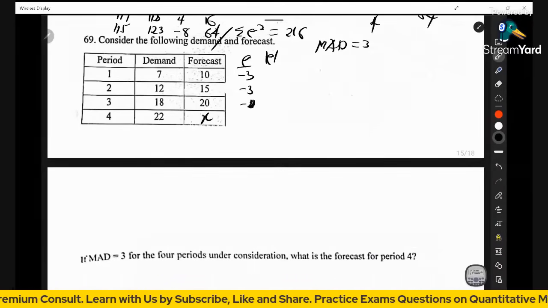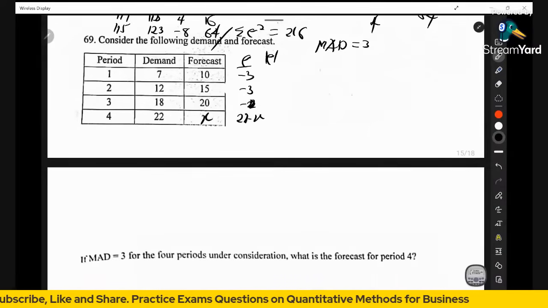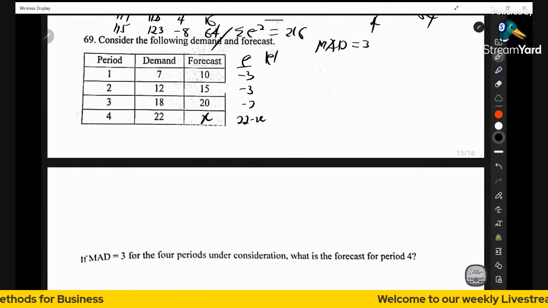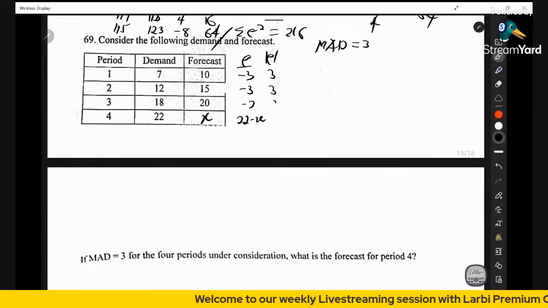Okay, so we want to find it. So this should be x. So here it should be 22 minus x, because we don't know. So that should be 22 minus x. So we find the absolute value of -3, we are getting 3, here 2, and here we are getting 22 minus x.